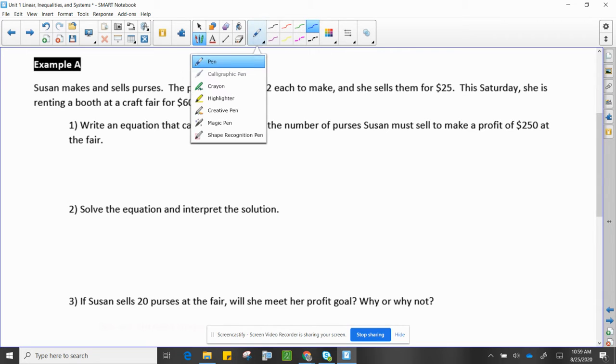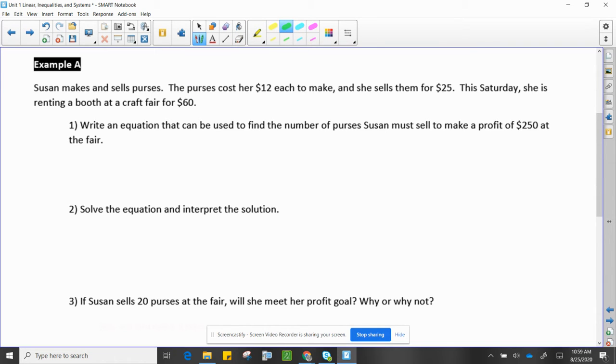So let's start by highlighting the key concepts here. What do we actually need to pull from those sentences to write our equation? Right away I see $12 each. Each usually represents a multiplication, so some kind of operation we're going to do.